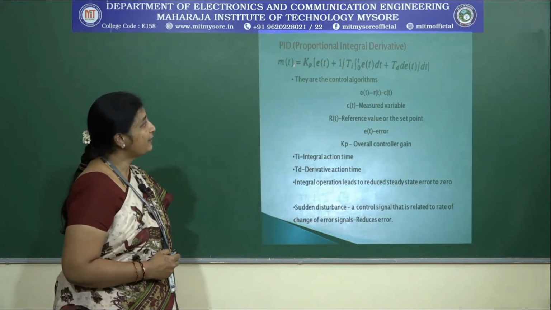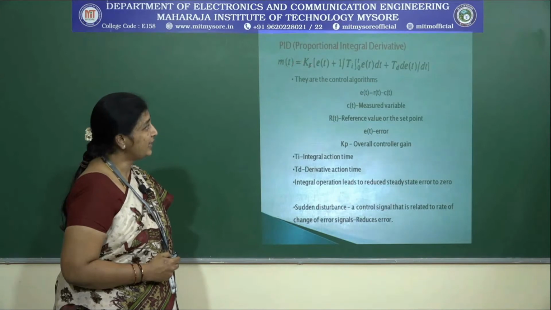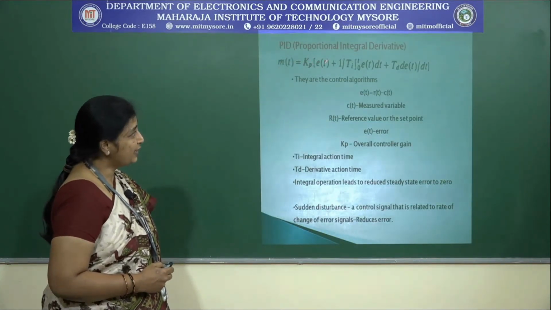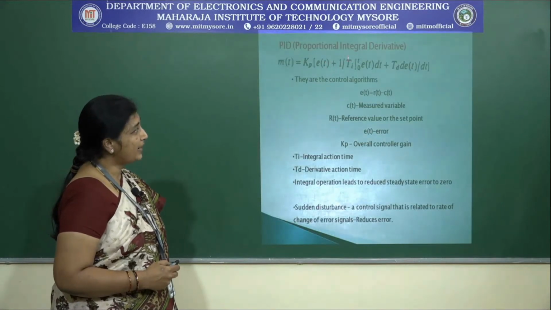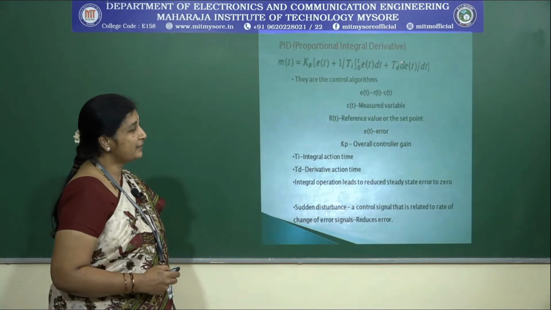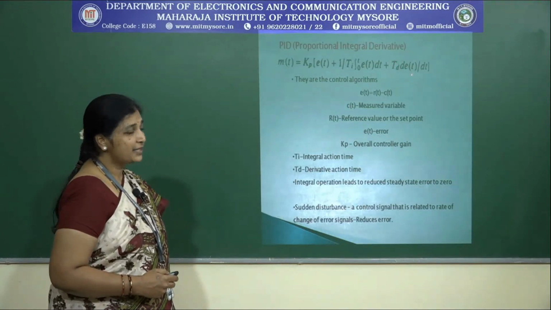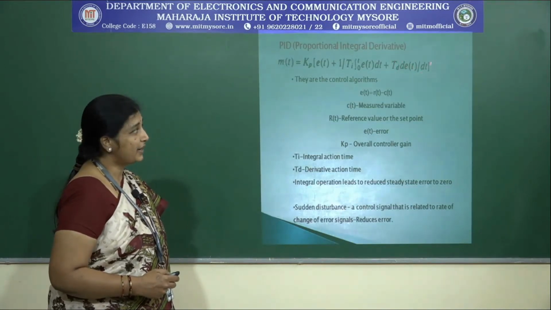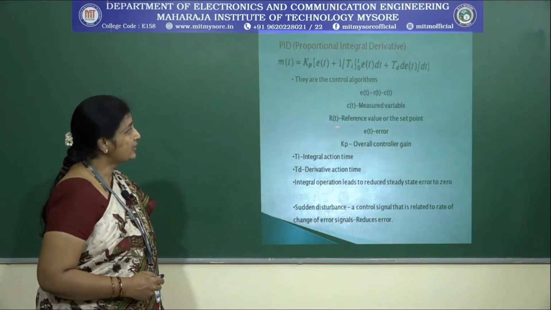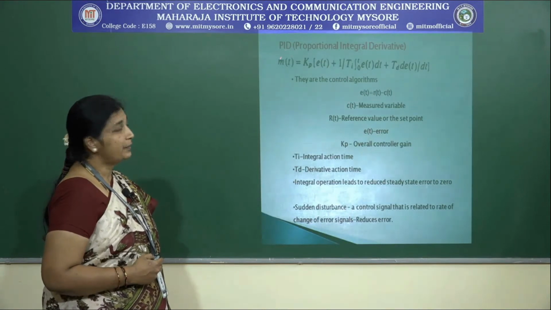Okay, so now if that is the information, then you have Kp times E of t plus 1 by Ti integral from 0 to t of E of t dt plus Td times the differentiation of the error E of t by dt. So this is the expression for your PIDs.